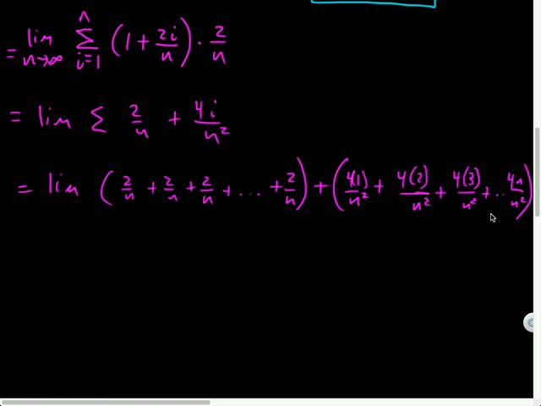You know what, I think that the first one, the 2 over n plus 2 over n plus 2 over n, and so on, I think it's just going to be equal to 2, because if n was equal to 1, then it would be 2 over 1, which is 2. If n was equal to 2, it would be 2 over 2 plus 2 over 2, which is 2. If n was equal to 3, it would be 2 thirds plus 2 thirds plus 2 thirds, which is 6 thirds, which is 2.